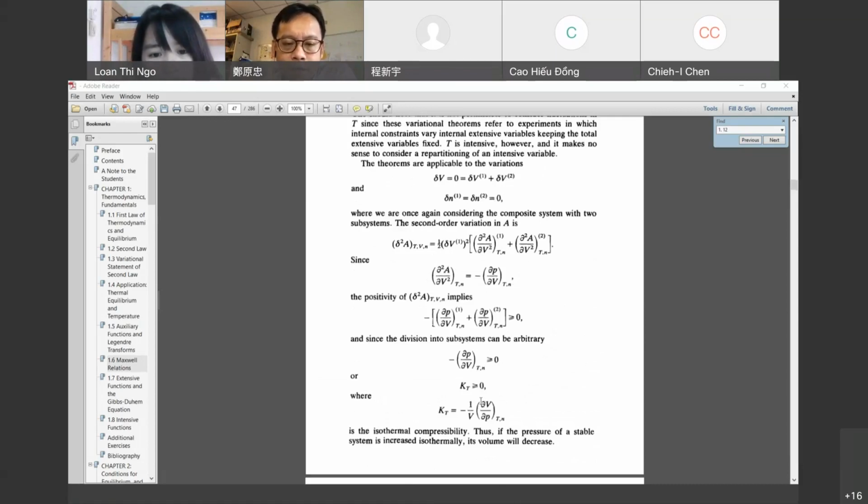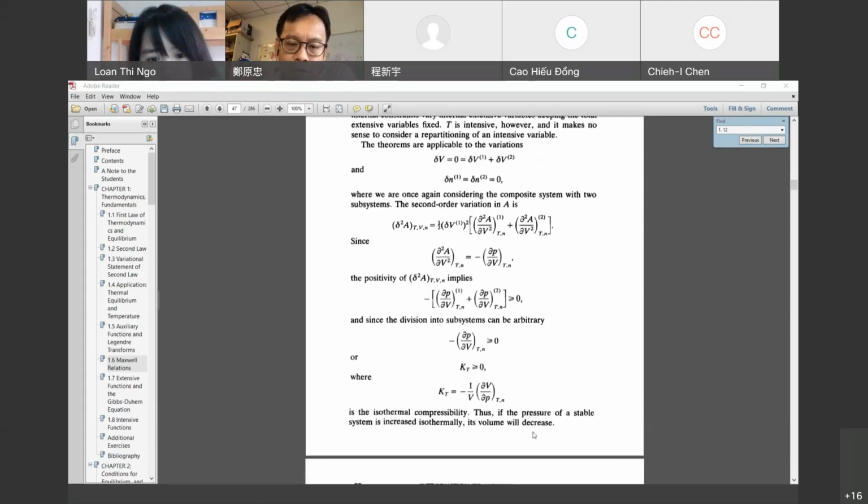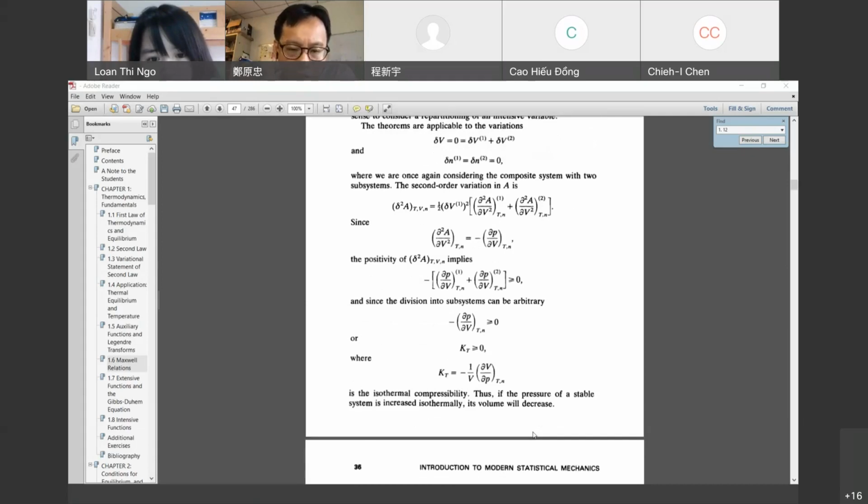This means the isothermal compressibility will always be positive. The statement at the end of the page: if the pressure of a stable system is increased isothermally, its volume will decrease.